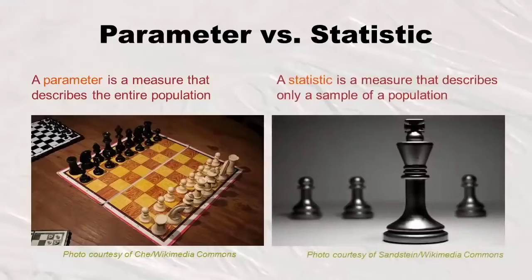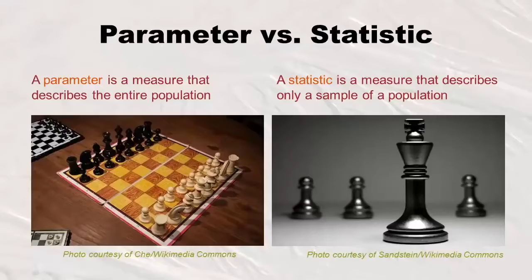On the other hand, a statistic starts with S, and a statistic is a measure that describes only a sample of a population. Here we have, again, a situation where the word statistic is used daily on the news. In fact, sometimes I hear on the news something like, oh, look at the rate of HIV in Africa.